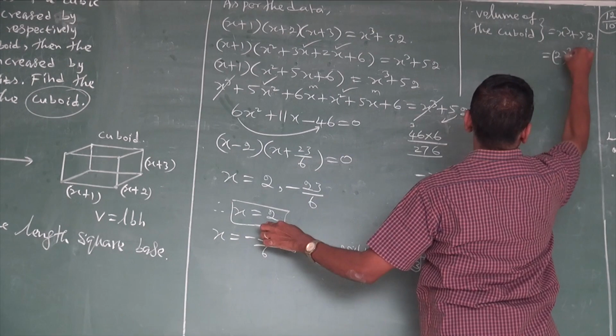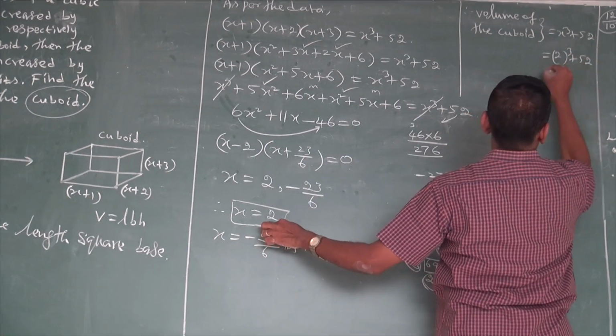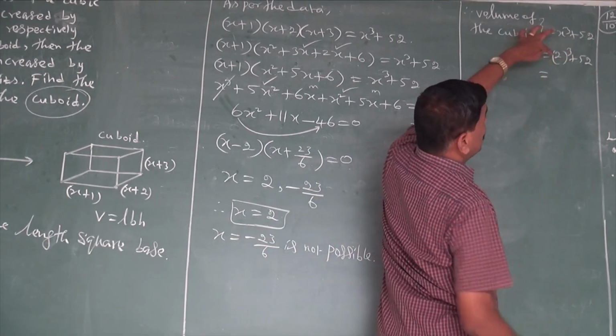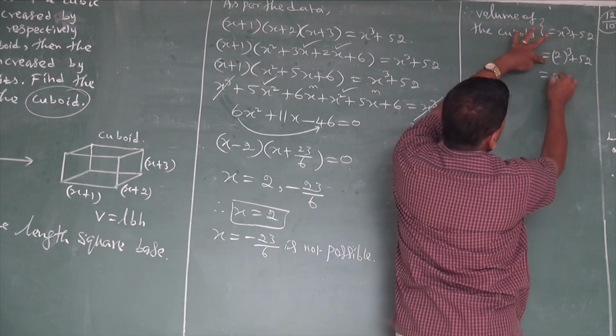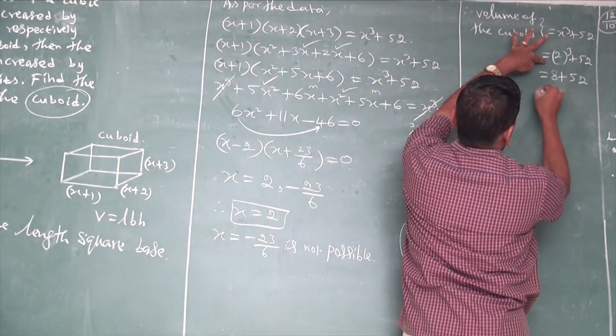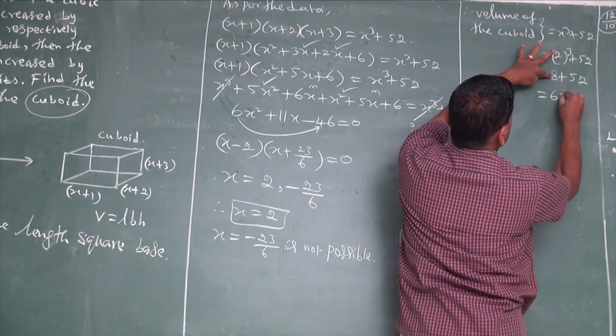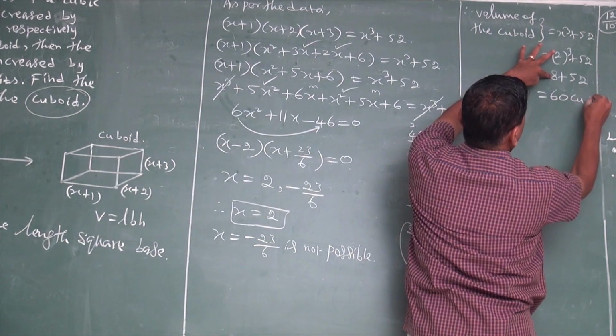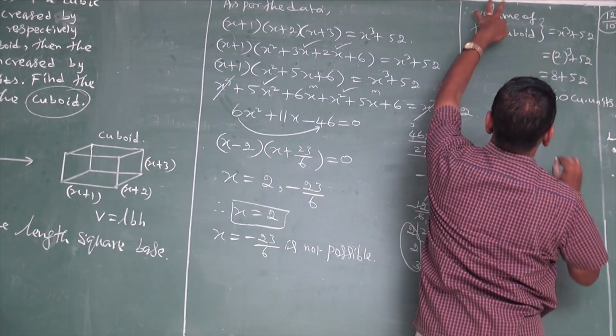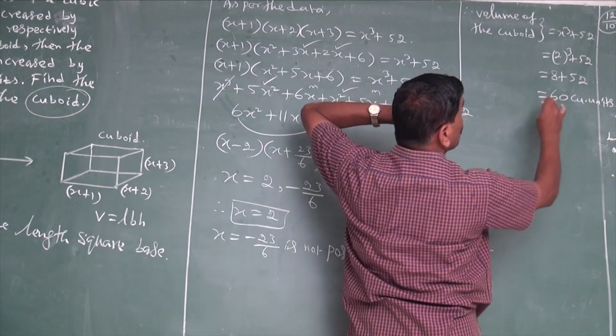So 2 the whole cube plus 52. We know that 2 cube is equal to 8, so 8 plus 52 is equal to 60. So 60 cubic units, because it is a volume, that is why cubic units.